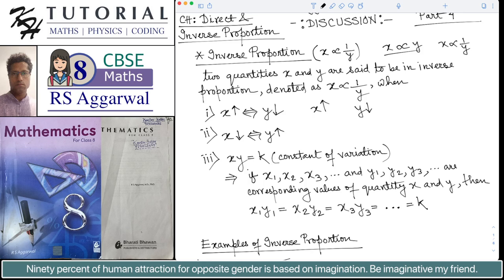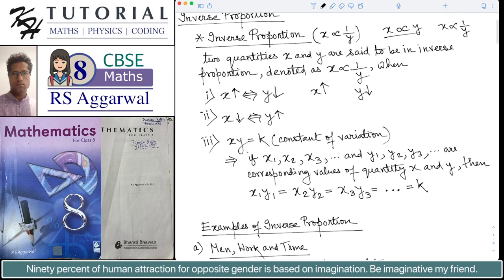Now from these two concepts, it is quite obvious that the product xy will always be a constant. This means that if you take some values of x and the corresponding values of y, then the product of x and y is always the same constant.